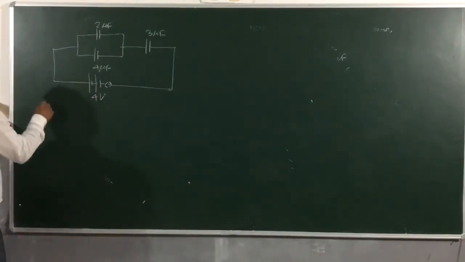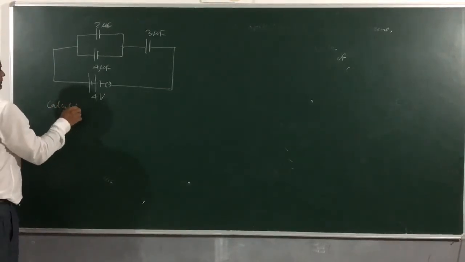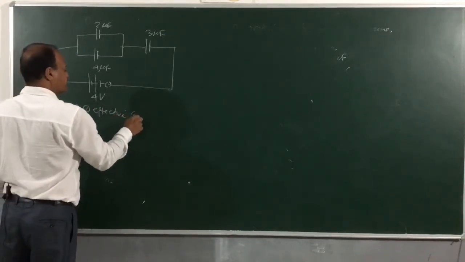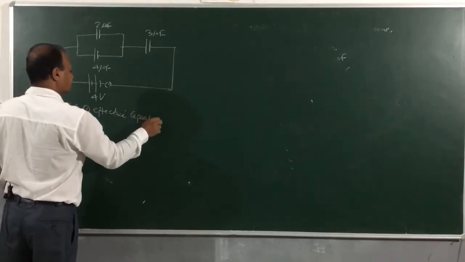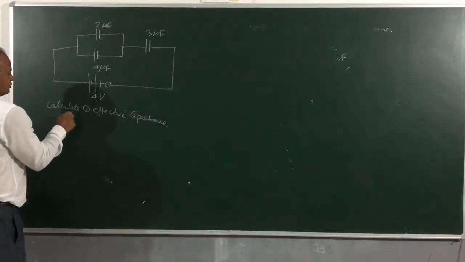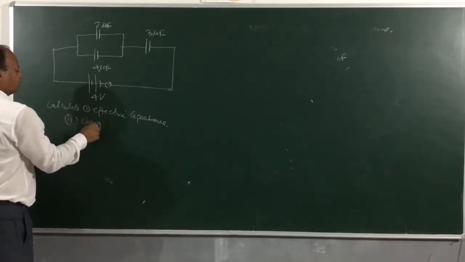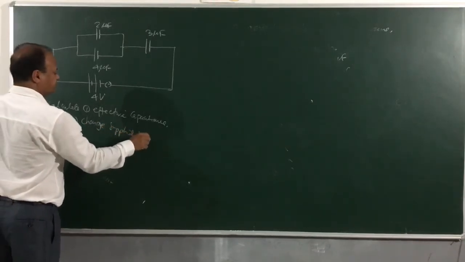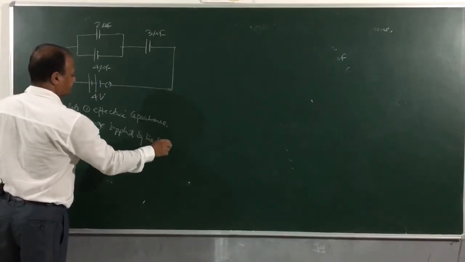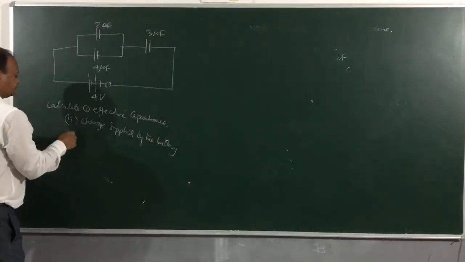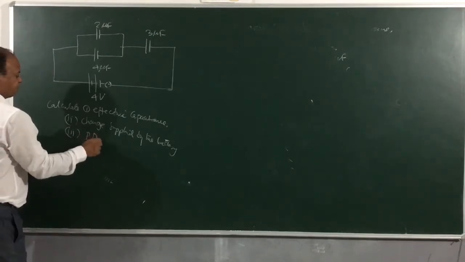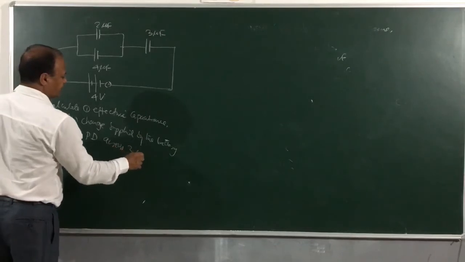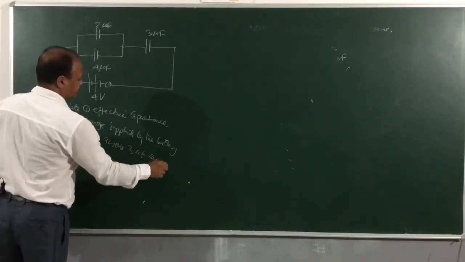And then our task is calculate number 1, effective capacitance, number 2, charge supplied by the battery, and number 3, potential difference across 3 microfarad capacitor.